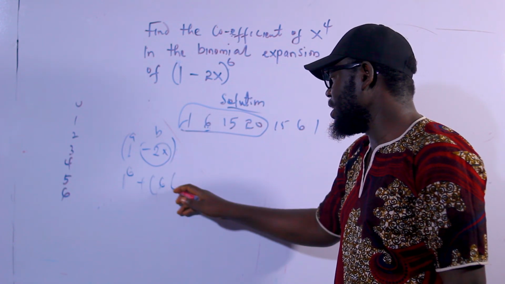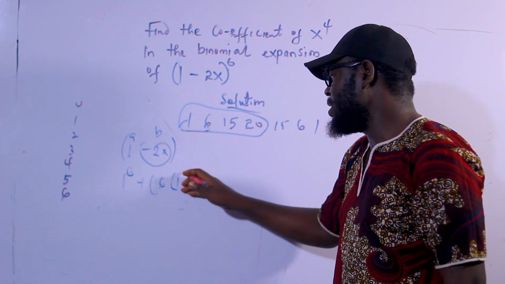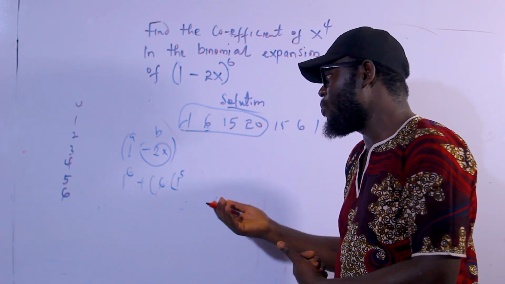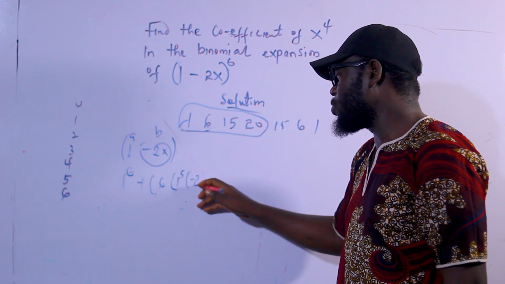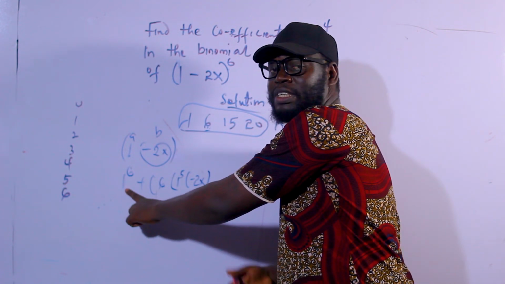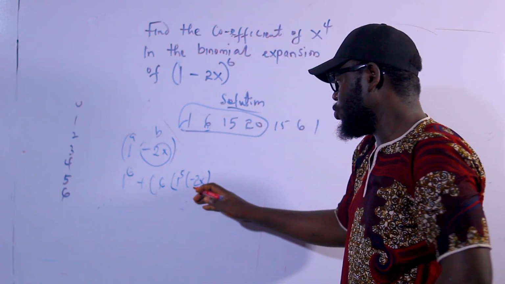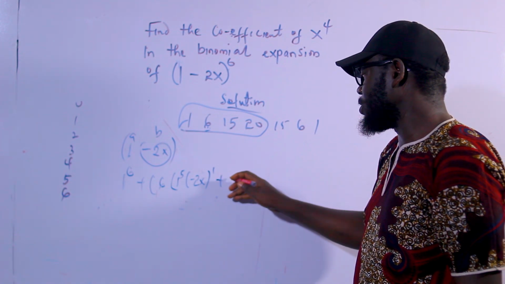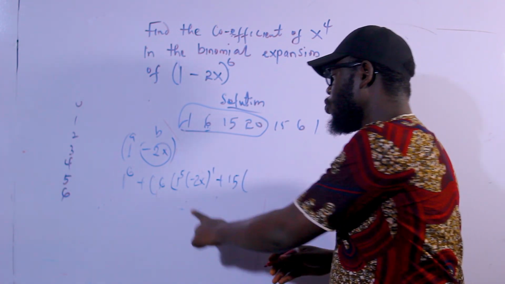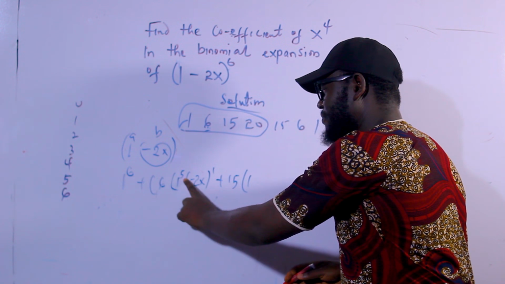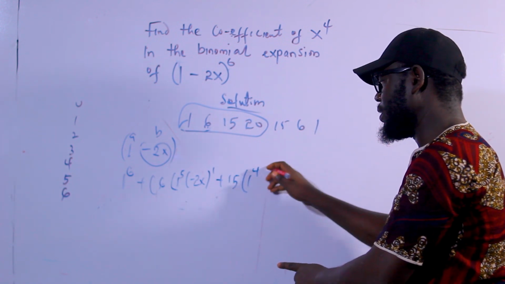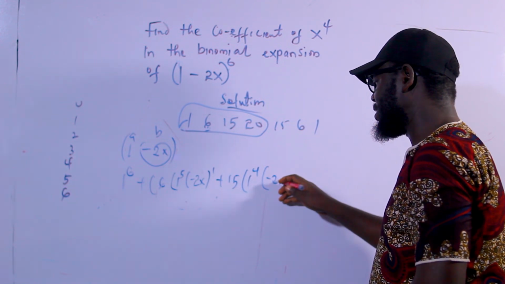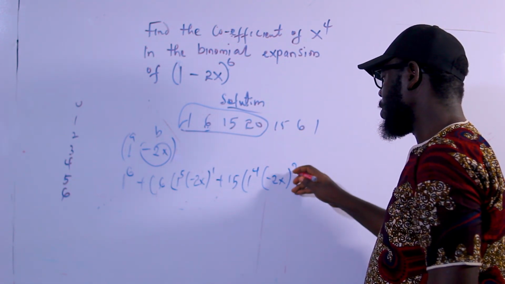This is 6 into 1 raised to power 5 now, which is still 1, into minus 2x. Here it was 0, that's why we didn't have it, but here it will be 1 now. So we go for the third one, that is plus 15 into 1 to the power 4, then we have minus 2x raised to power 2 here.